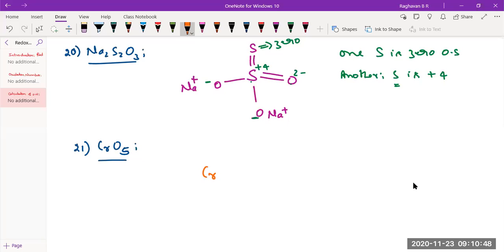Here, one double bonded O will be there. The remaining 4 oxygen would be bound with single bond to chromium. Okay, and they would have one bond in between to each. This is called the butterfly structure.